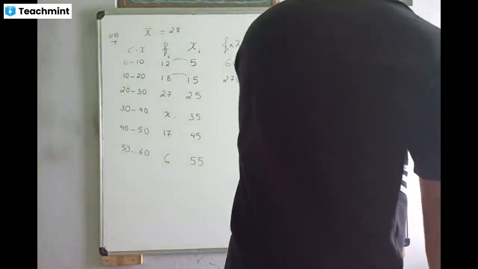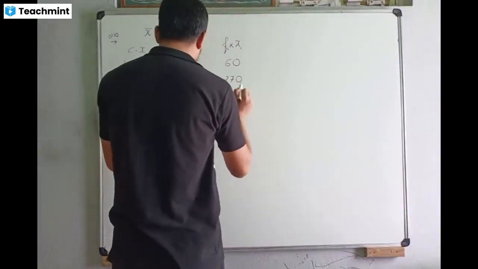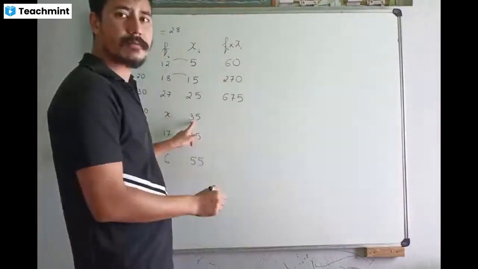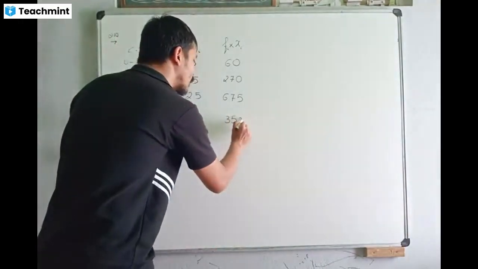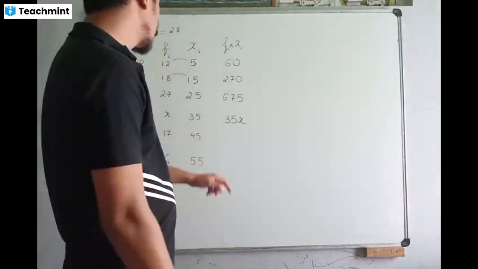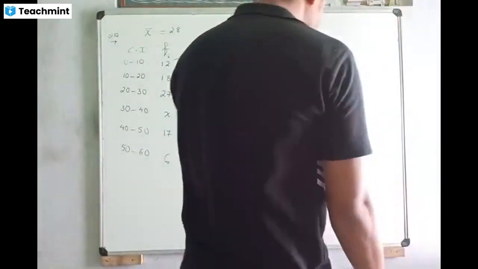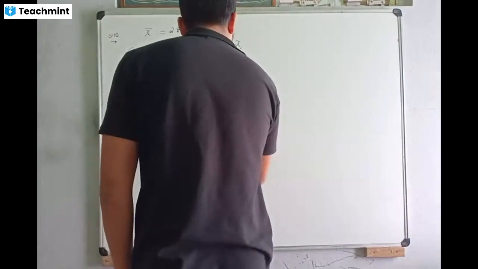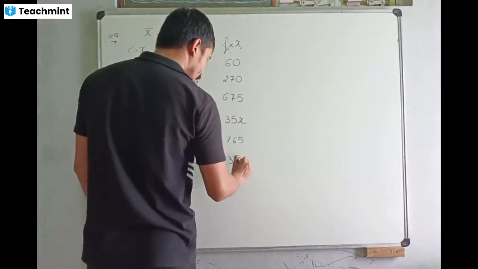Now, 25 times 27 will give you 675. X times 35, 35x. 17 times 45 will give you 765. 6 into 55 will give you 330.